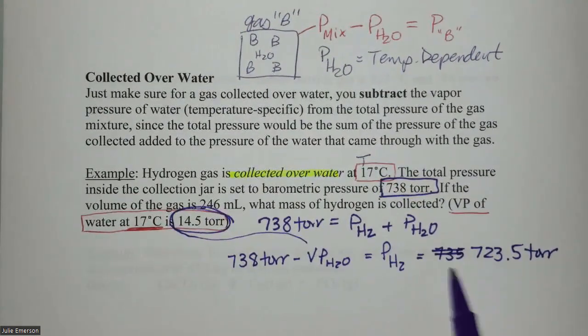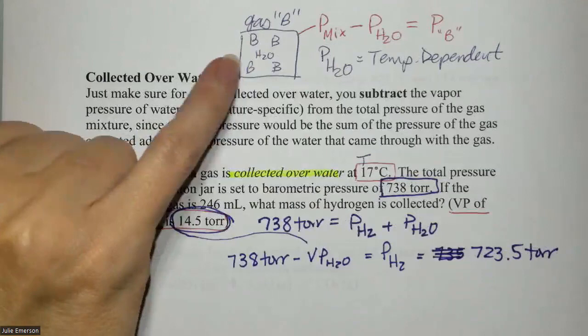Now on this one, if you're thinking decimal places, let's round that to 724. That sounds good to me, but I'm going to go ahead and keep it, and we'll worry about the sig figs at the end. Okay, so we got our pressure of just the hydrogen now.